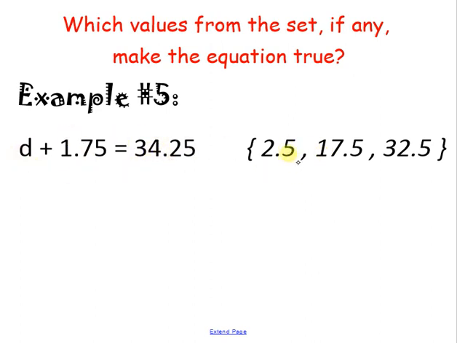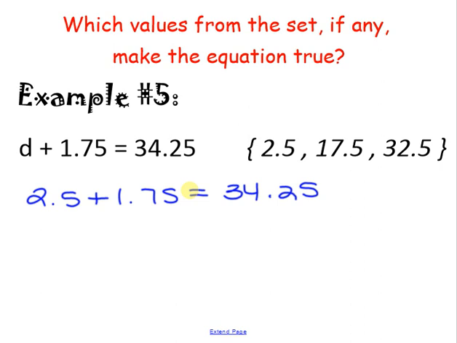Okay, so what we're going to have to do is test each one to figure out which one works. So let's start with the first one, 2.5. So I have 2.5 plus 1.75 equals 34.25. Now remember, you should have your calculator.